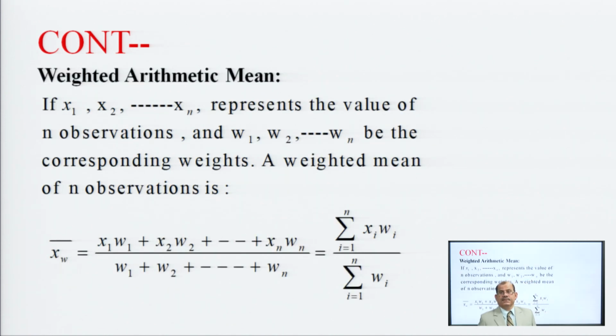Weighted arithmetic mean. Weight is nothing but, for example, credit for students. If x1, x2 and so on xn represent the values of n observations and w1, w2 and so on wn are the corresponding weights, the weighted mean of n observations is x w bar equal to x1 w1 plus x2 w2 plus so on xn wn divided by w1 plus w2 and so on wn.